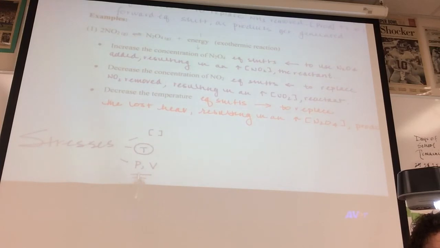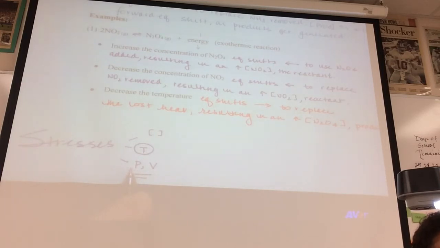So what you're going to see is if you increase the pressure of a system at equilibrium, equilibrium will shift to the side of the reaction that has the smaller volume of gas due to the inverse relationship between pressure and volume.